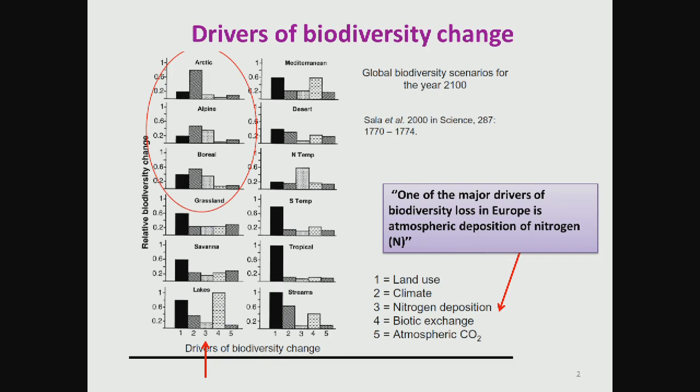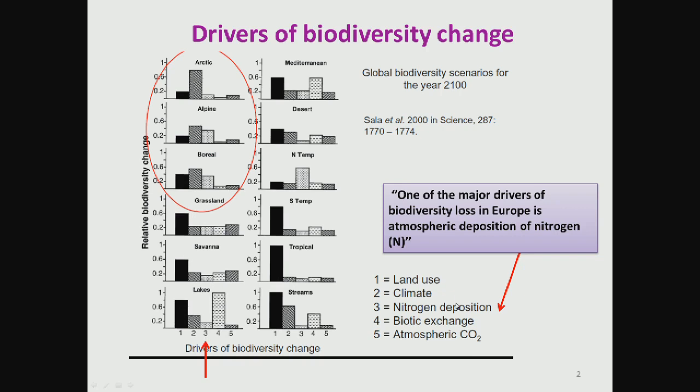But a major publication that came out in Science, which was very influential at the time, listed nitrogen deposition as one of its top 5 drivers for biodiversity loss. This graph shows different ecosystems and biomes, from the Arctic, alpine, boreal, lakes, streams, to tropical rainforests, and shows which of the different drivers are responsible for the major changes in biodiversity.